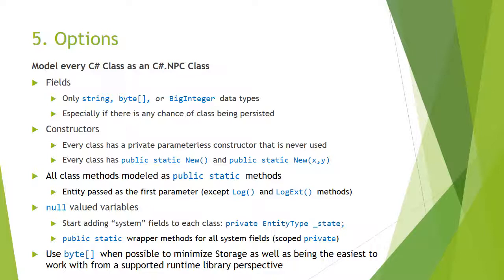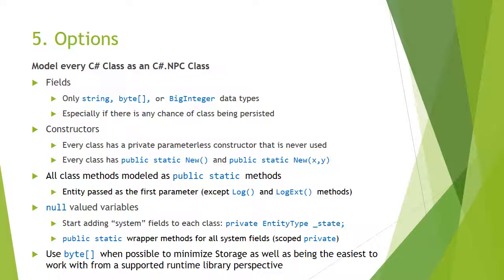The recommendation, for example, when you're defining the fields in your class is only to use strings, bytes, and big integers. Occasionally you use ints or int32s, but strings, bytes, and big integers are the only things you'll be able to persist into Neo storage. In terms of constructors, every class should be given a private, parameterless constructor that is never used.